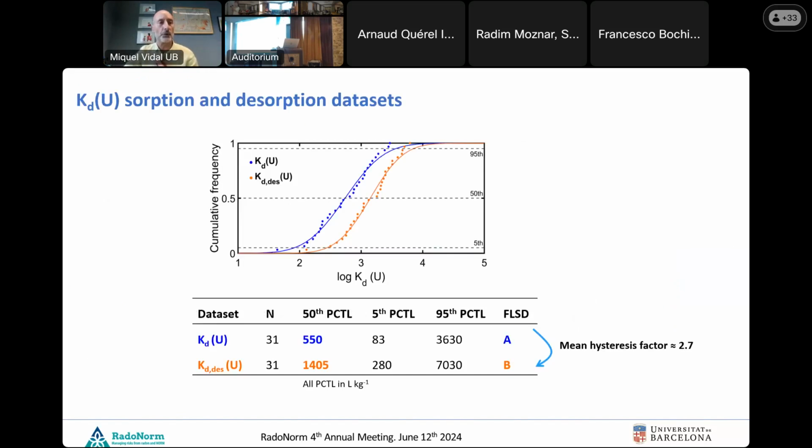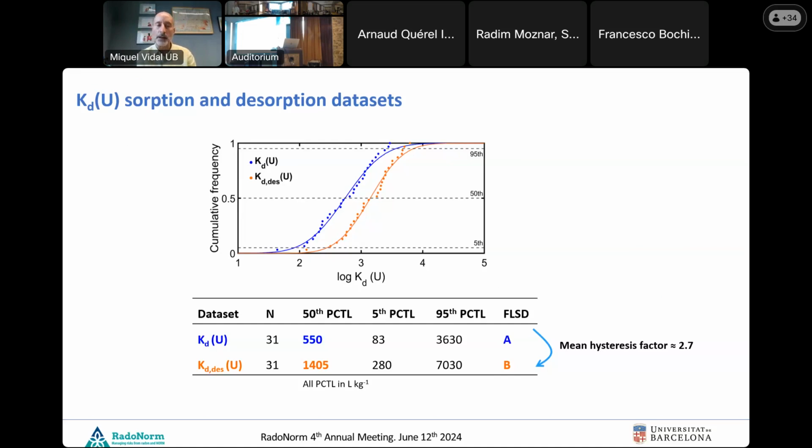For instance, focusing on uranium, here I show you distribution functions obtained from batch tests with freshly incorporated uranium, both based on sorption and desorption approaches. As you may see, we have best estimates around 500 for the sorption scenario and around 5,400 for the desorption one.